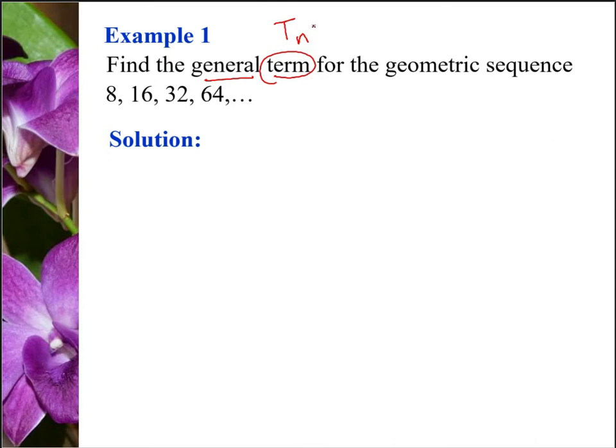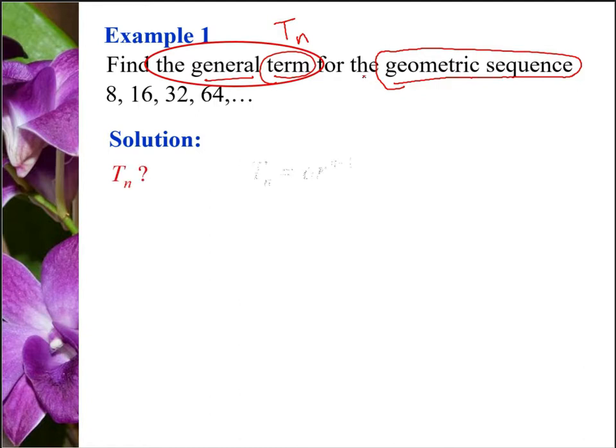To solve this question, since the question gave us the information that this is a geometric sequence, that means we can simply use the formula of geometric sequence. Once we know the formula, we can just replace the value of A and the value of R. The A is the first term, so the first term of this sequence is 8.